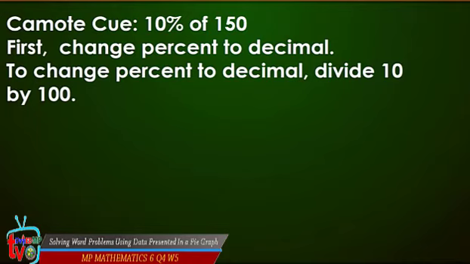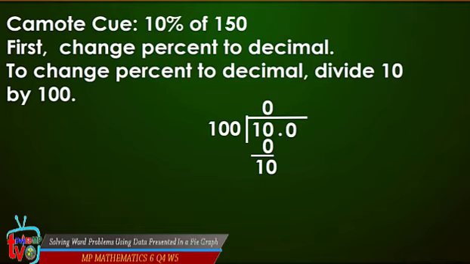To change percent to decimal, divide 10 by 100. 1 divided by 100 is 0. 0 times 100 is 0. Get the difference: 10. You cannot divide 10 by 100, so we have to put a decimal in the dividend and add 0.